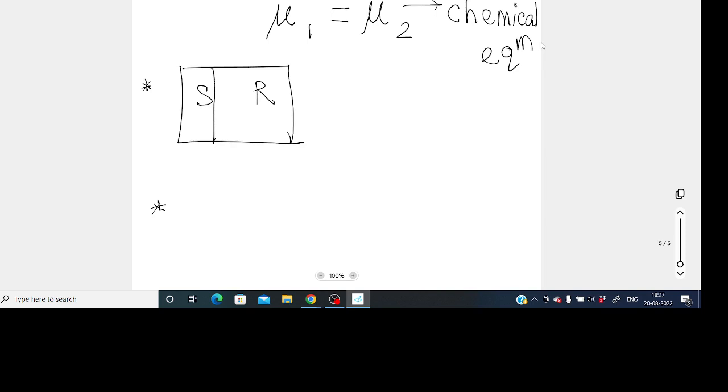And the overall system, S plus R, is the total system, or the universe, you can say. So S plus R is an isolated system. So the total energy, ES plus ER equal to ET, is constant.